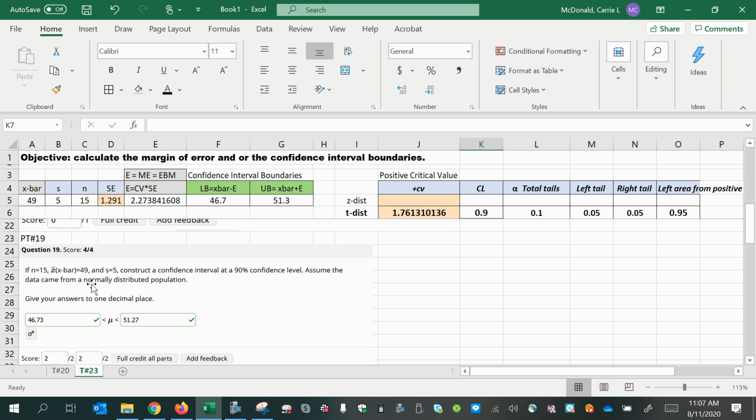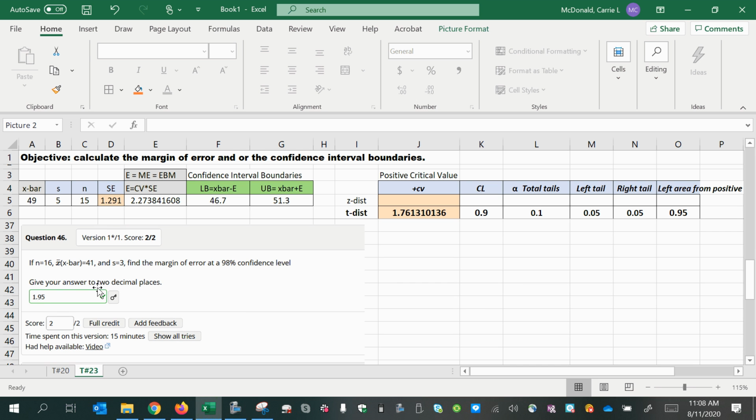Okay, so it came from a normally distributed population, but our sample means will follow the normal distribution. But since we don't know the true sigma, we are using the t distribution. So nothing's really changed here except the numbers. And you can see that my boundaries automatically updated when I changed my sample information and my confidence level.